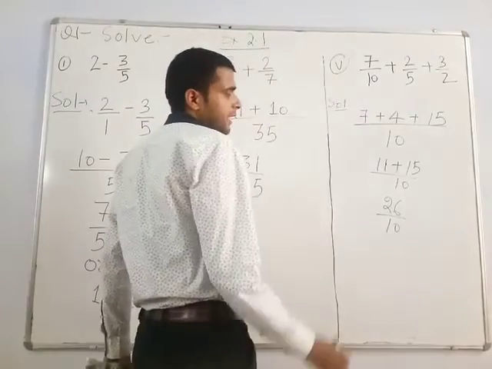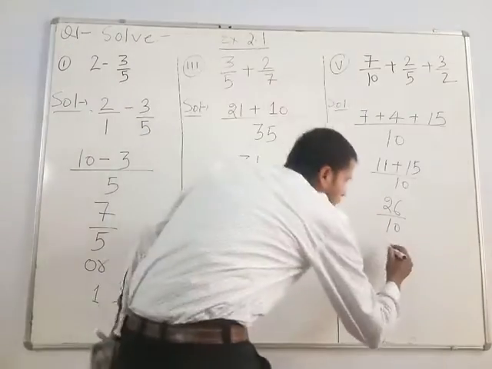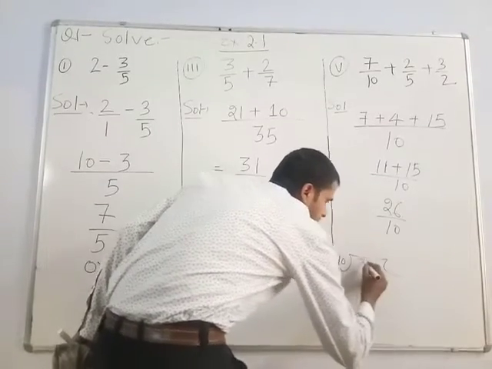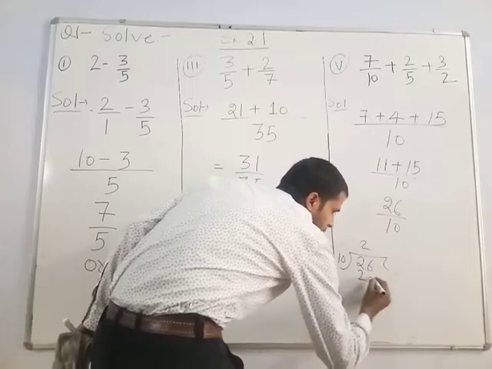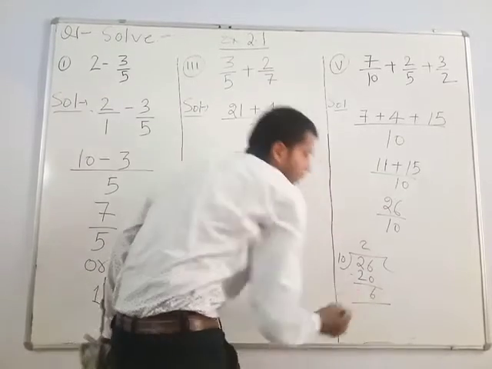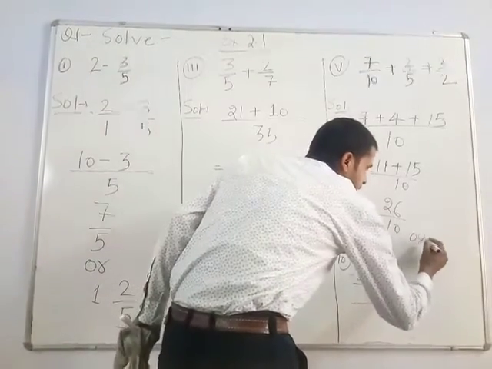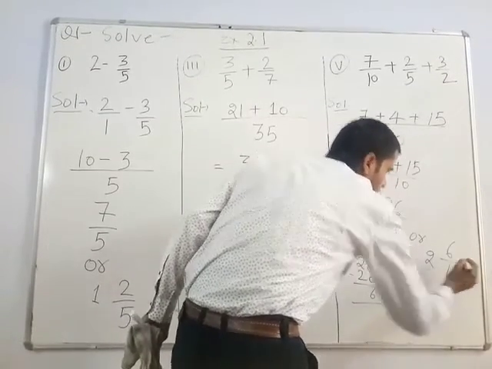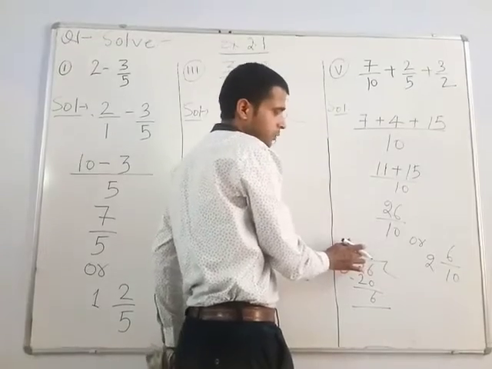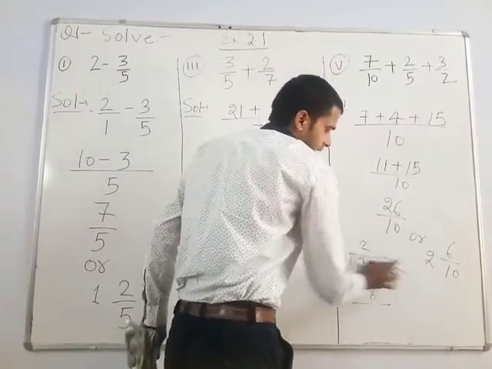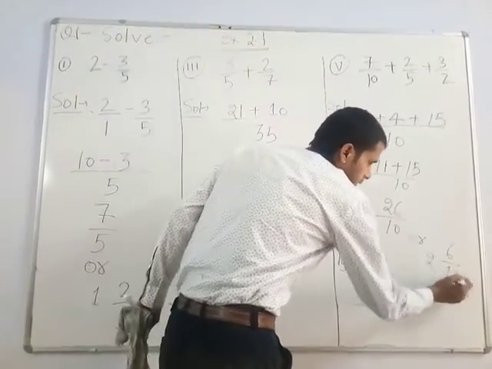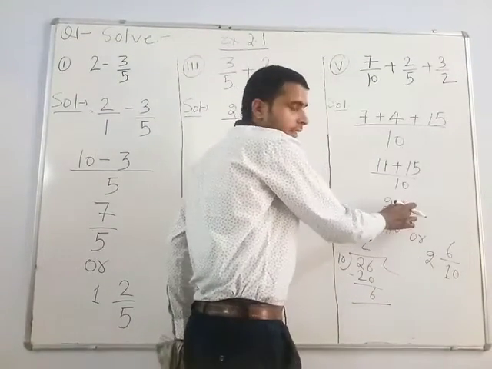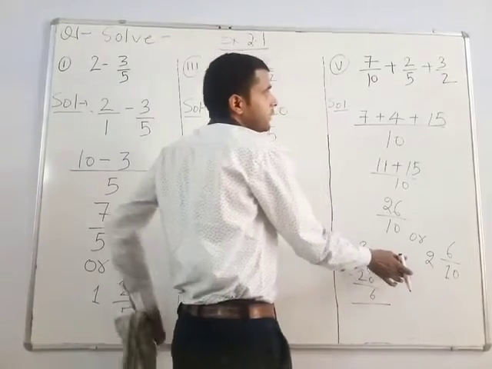Either 26 upon 10, this is an improper fraction, or when you divide 26 by 10, you write it as a mixed fraction. So 2 and 6 upon 10. This is 2, first the quotient, then the remainder, and then this. Okay. So I will write this answer or that answer. Okay.